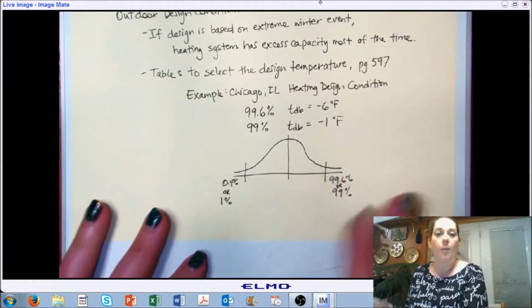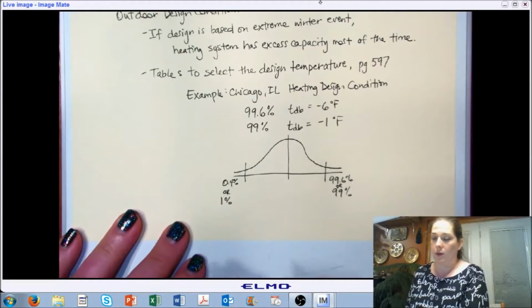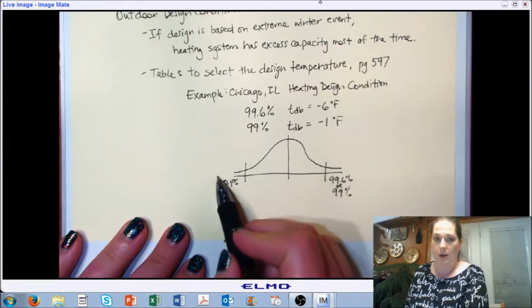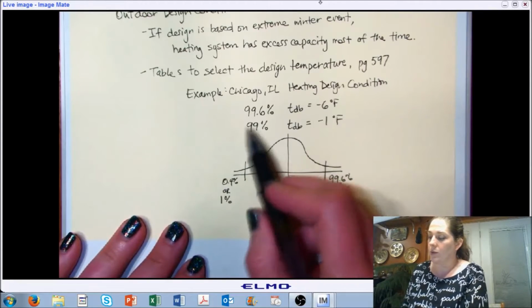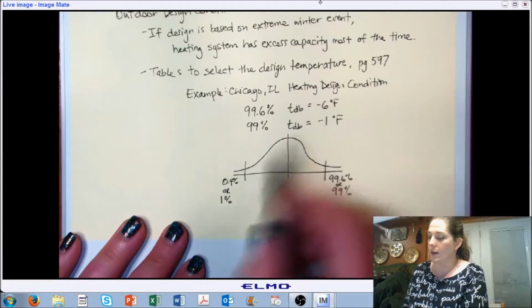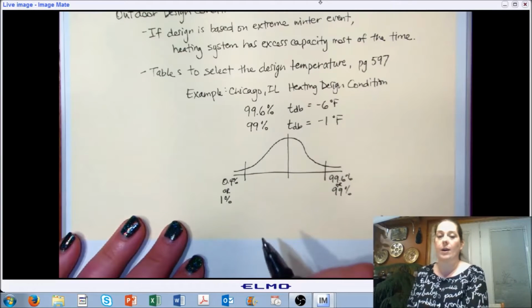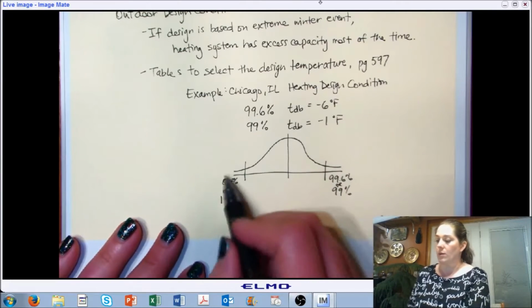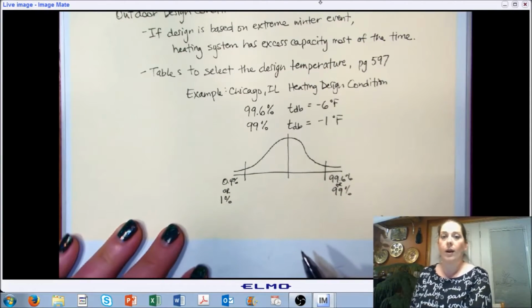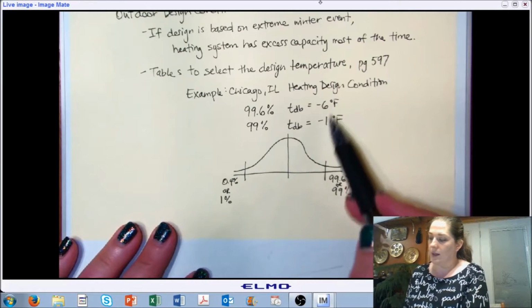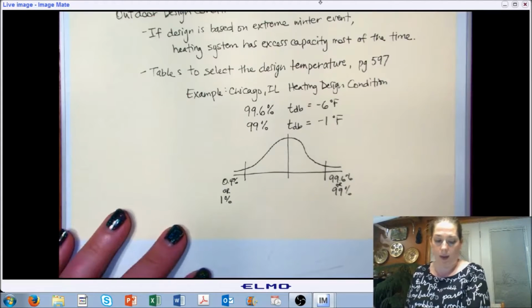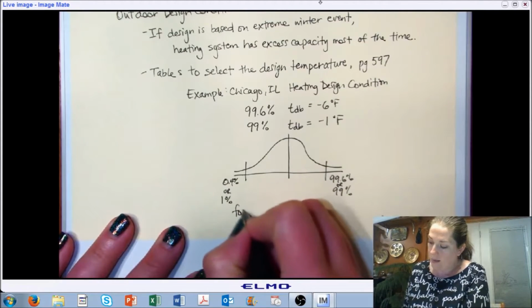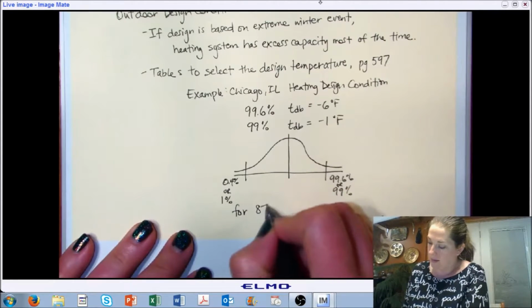And how much it fails or how significant is the failure, well, it depends on how far down you are here, right? And then similarly, if you choose the 99% value, it's -1, which is going to be just up a little bit higher, meaning that you're going to be in a failure mode a little bit more. But the difference in design conditions between these two can be significant for selecting your equipment, for operating the equipment. And so that's why those two values exist.